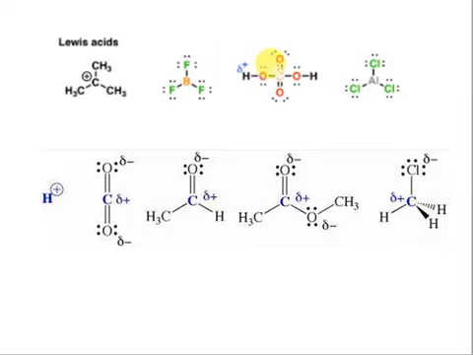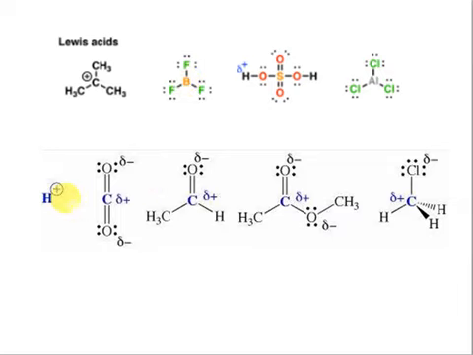So whenever you see something which is deficient, whether because of a full positive charge, a partial positive charge, or a member of group 3A, just make sure that you are talking about an electrophile.